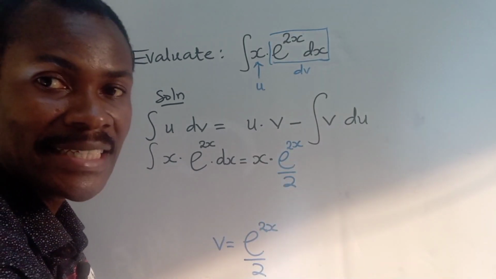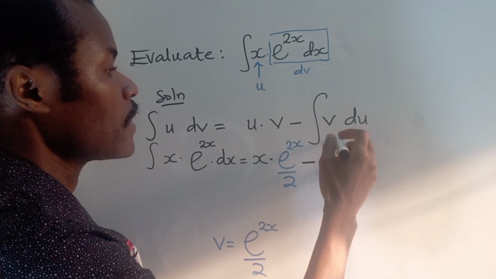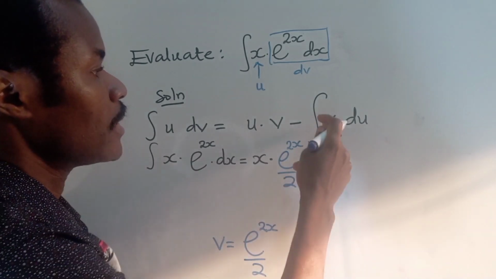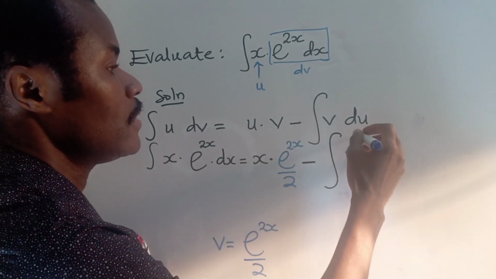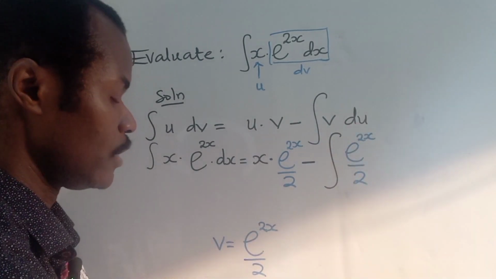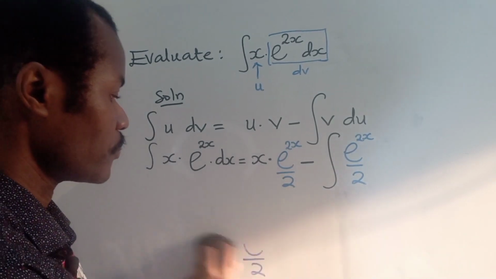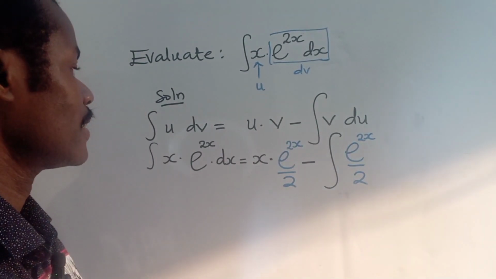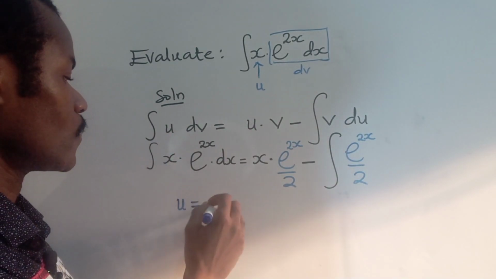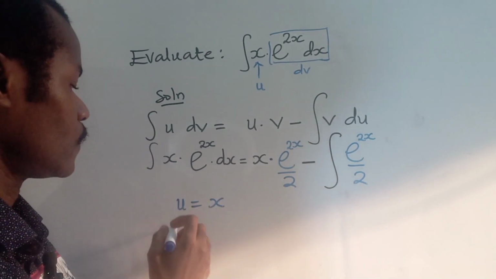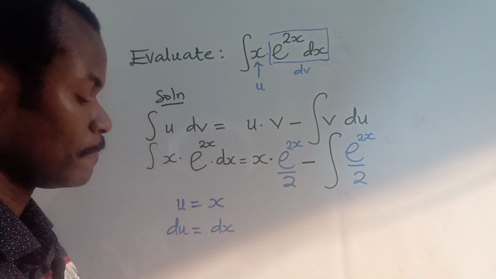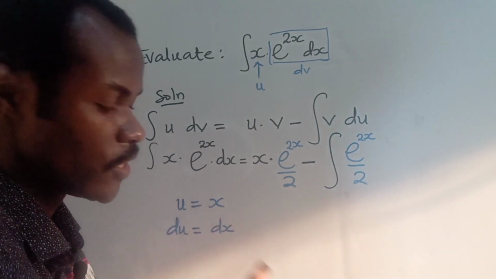So we have minus the integral of our v, which is e to the power of 2x divided by 2. Now, what is du? Since our u is equal to x, du is simply going to be dx, as u changes, x changes.